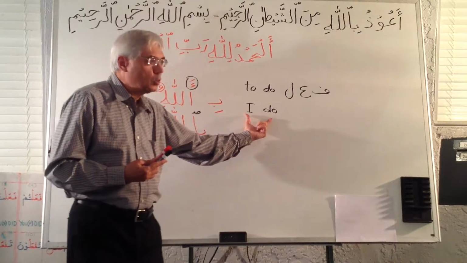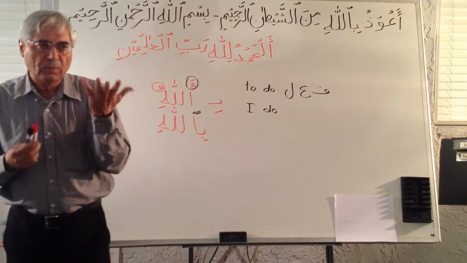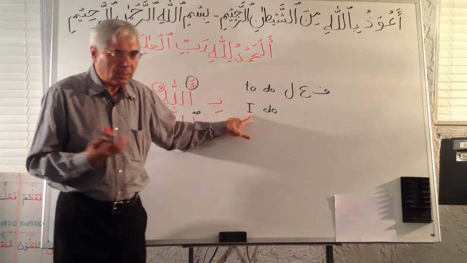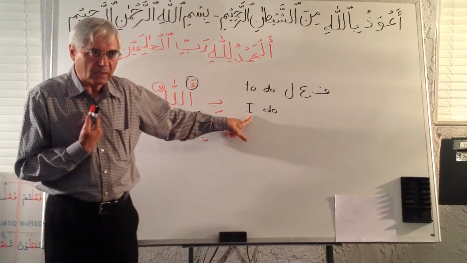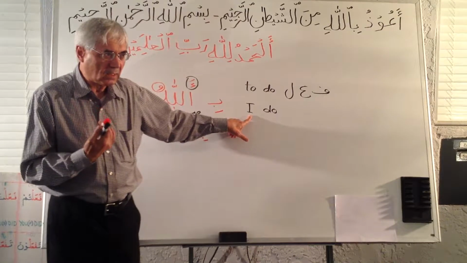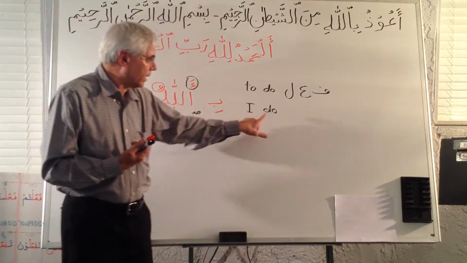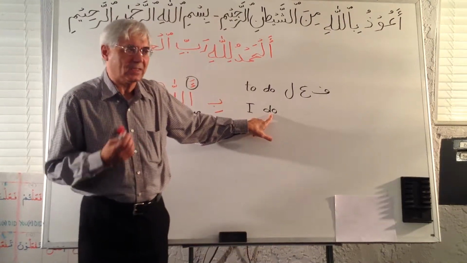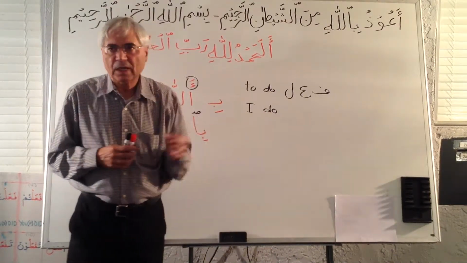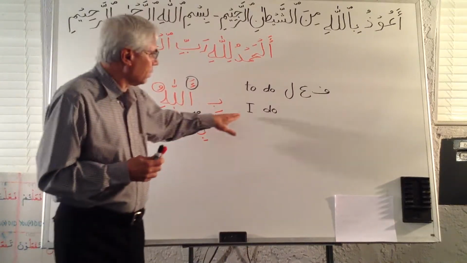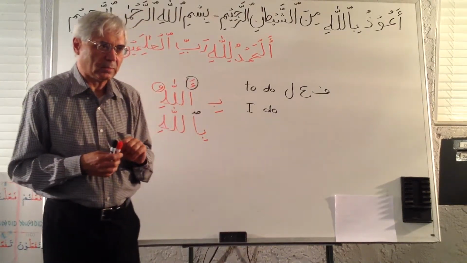Now, these two words when I put them together have a lot of meaning. First, I'm talking about myself, I, and I'm talking about one person. And here, I'm talking about the present tense. So when I say "I do," it means myself and the present tense.